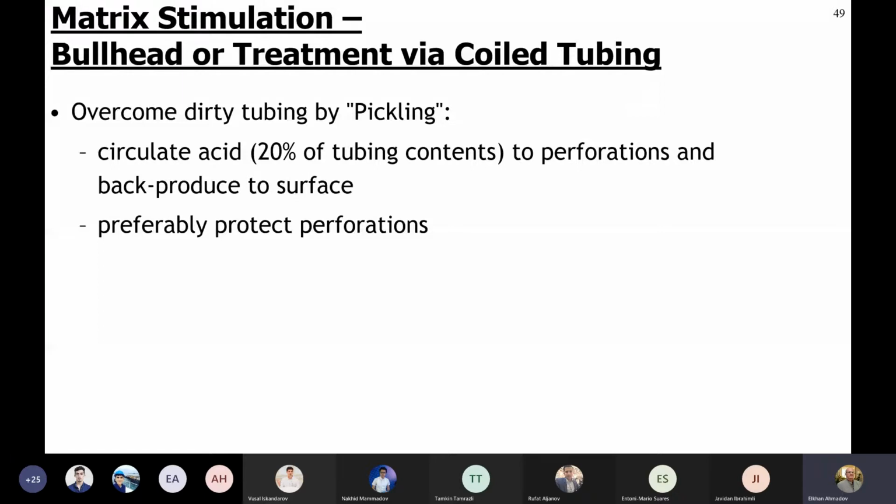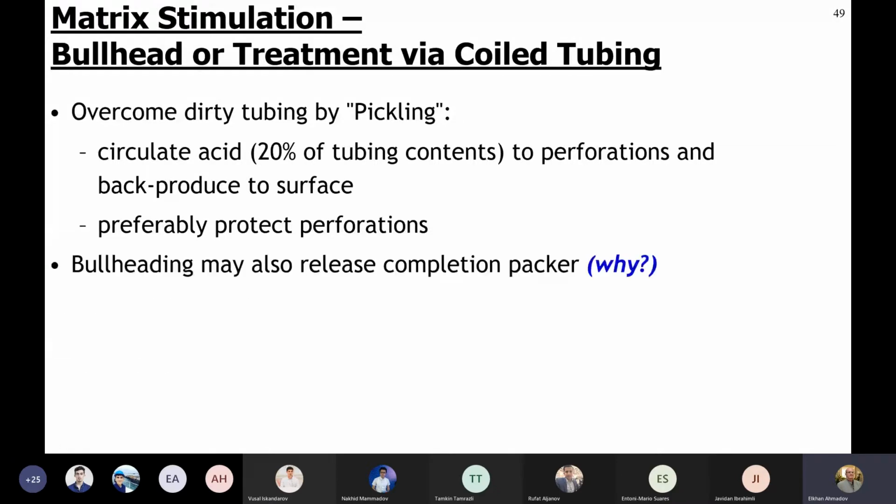Without any injection, any pressure, just without letting the acid go into the formation and possibly protecting perforations as well. So nothing goes into the formation during the bullheading.